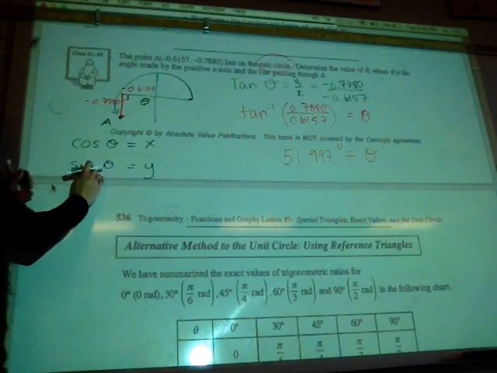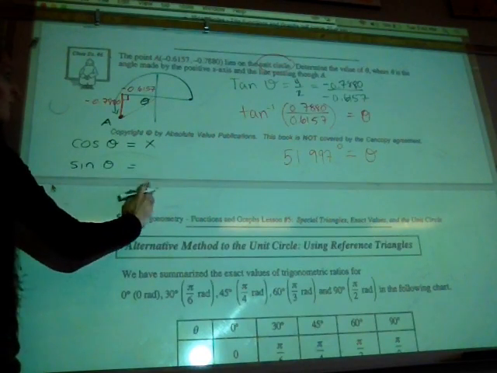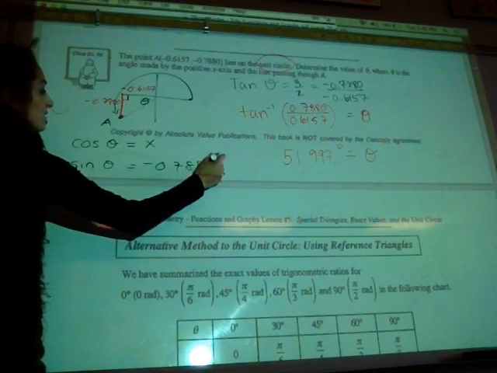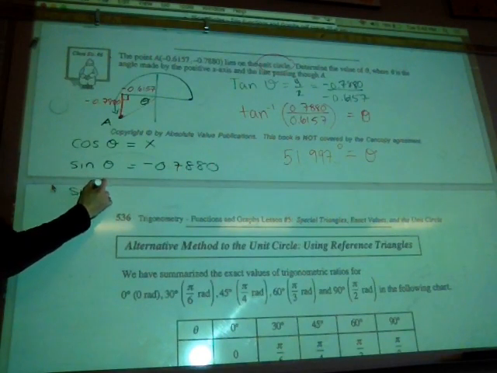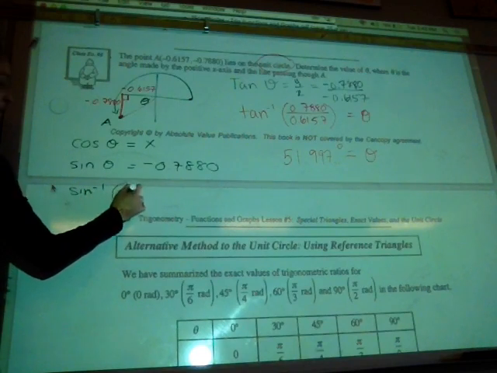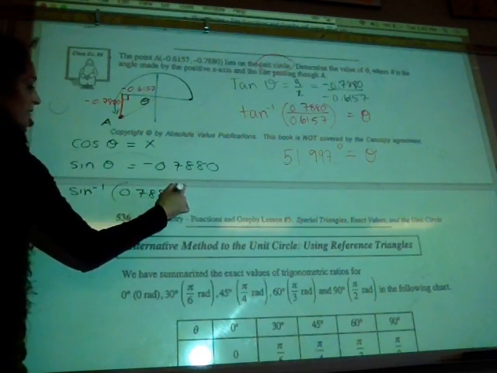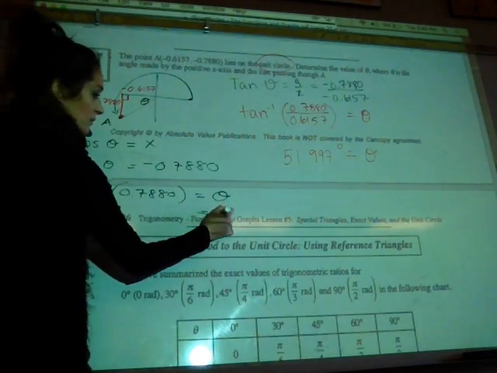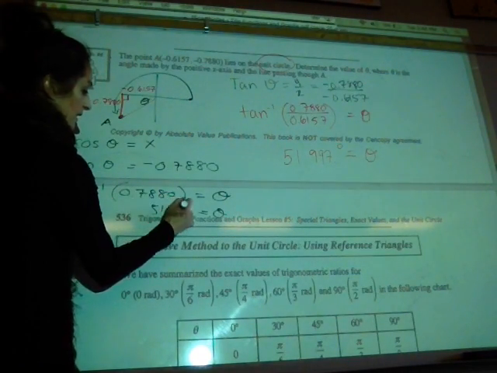So let's just say we use sine. The y-coordinate was negative 0.7880. So if I go second sine, and I put 0.7880 in there, I will get my angle, and that should also be 51.997 degrees.